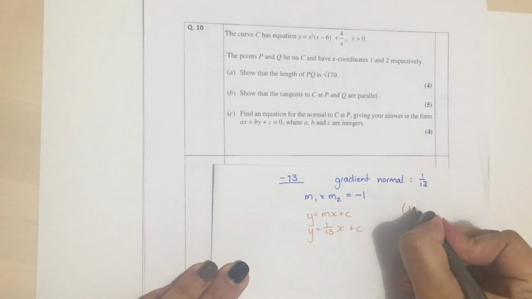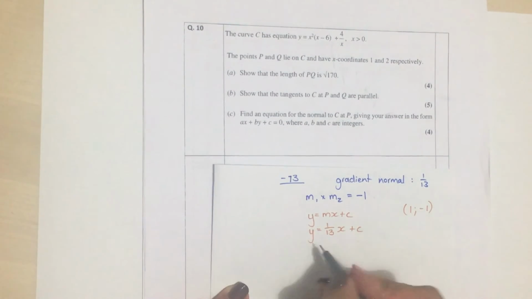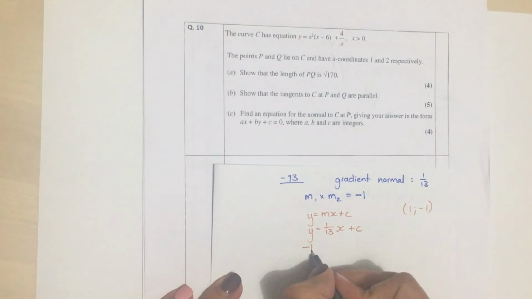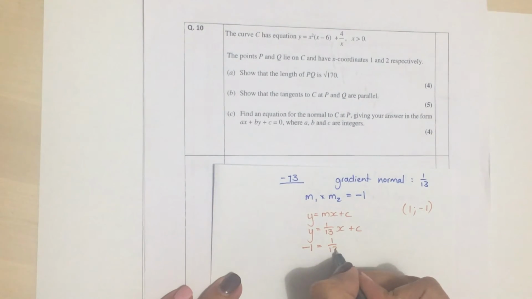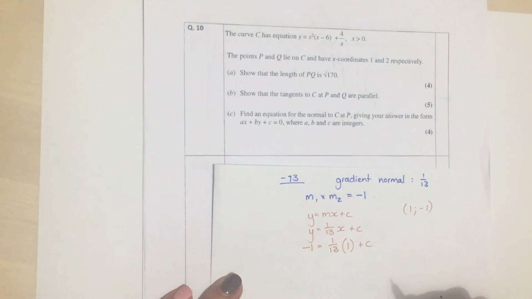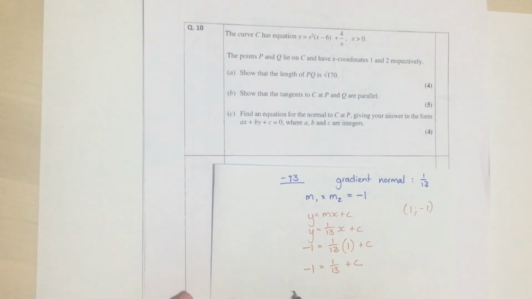So if we use 1 and negative 1 and substitute that set of coordinate points in here, we should get the value of c. If y is negative 1, 1 over 13 is our gradient, x is 1, we should get the value of c. Negative 1 is equal to 1 over 13, because 1 over 13 times 1 is just that, plus c, and then this one comes to this side.